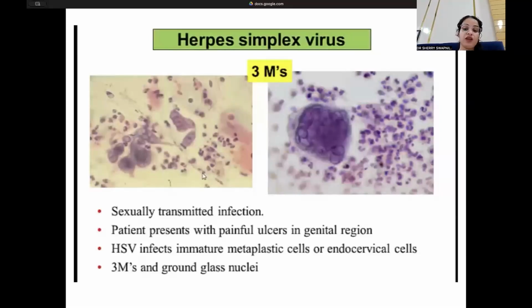So these are basically showing multinucleation, margination, and the molding. This is the margination of the chromatin, and this is molding and this multinucleation. So if you are able to see these features, then definitely you will diagnose it as herpes infection. But the earlier stages of herpes infection can be confused with LSIL. Next slide, please.